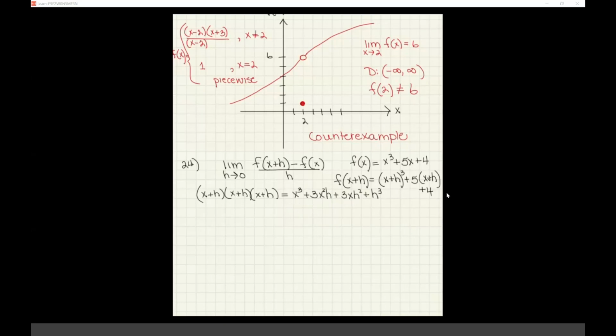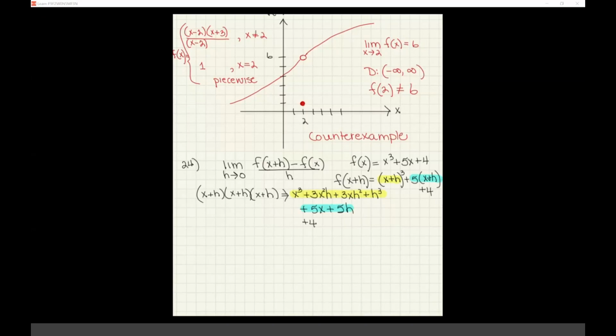All right, so that's this part. The next thing I need to do is distribute that, so that's going to be plus 5x plus 5h. And then the last thing is add the 4. All right, everybody all right with that?